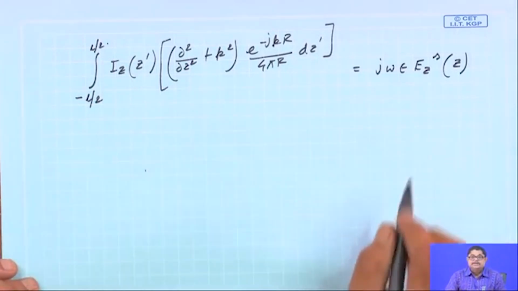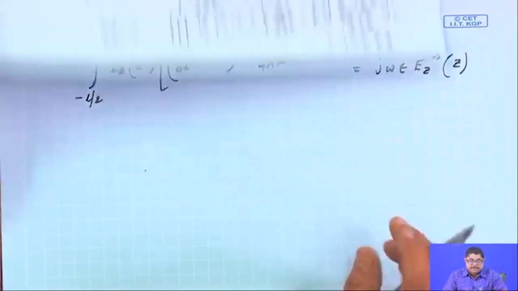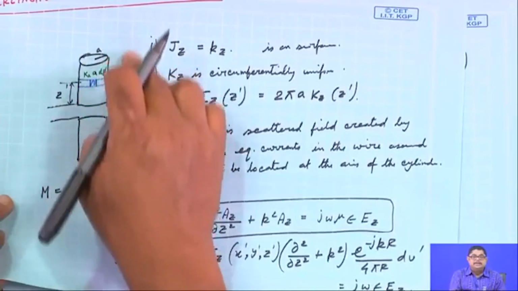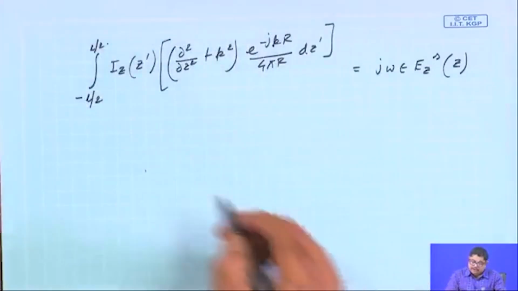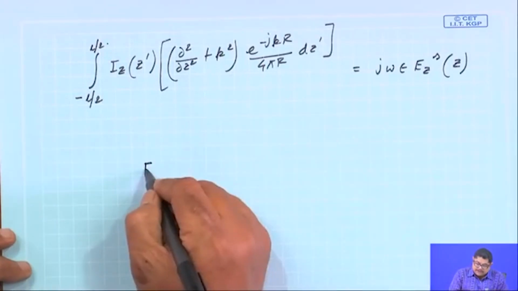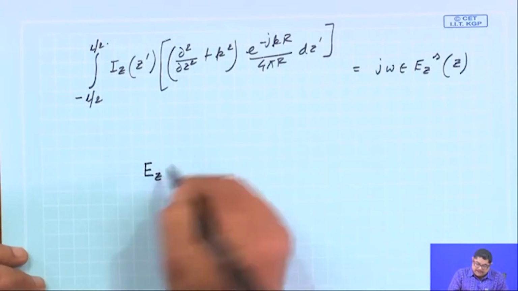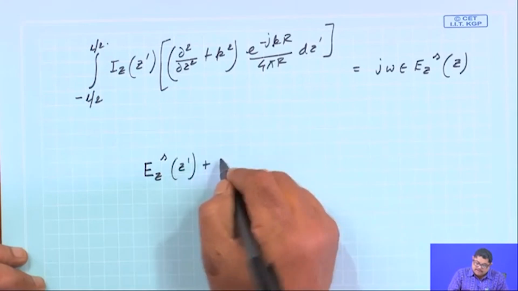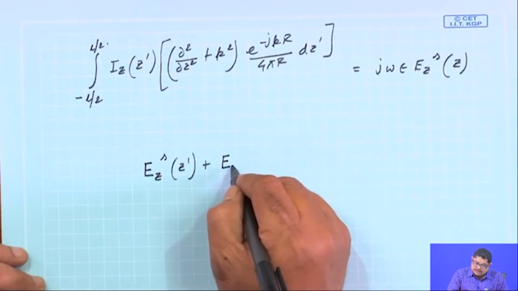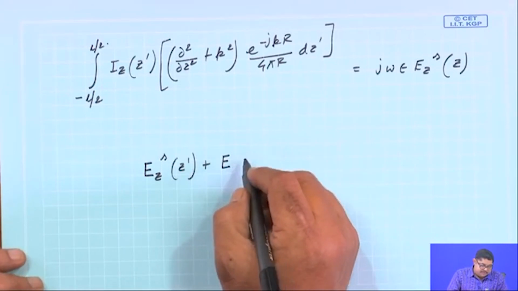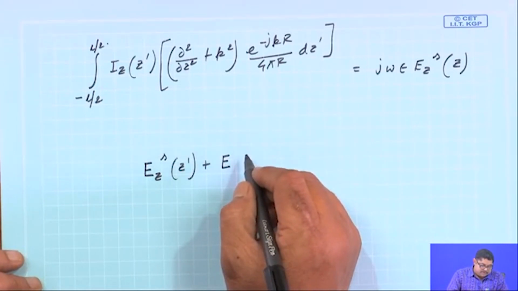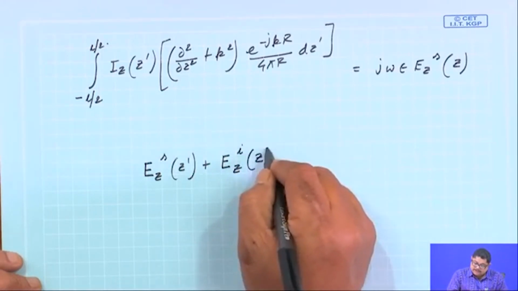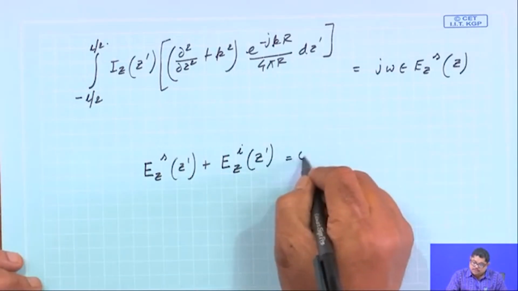Now, what is E z s? We know at the cylinder surface the total tangential electric field should be 0. So, E z s at z dash plus E z incident, what is applied, should go to 0.